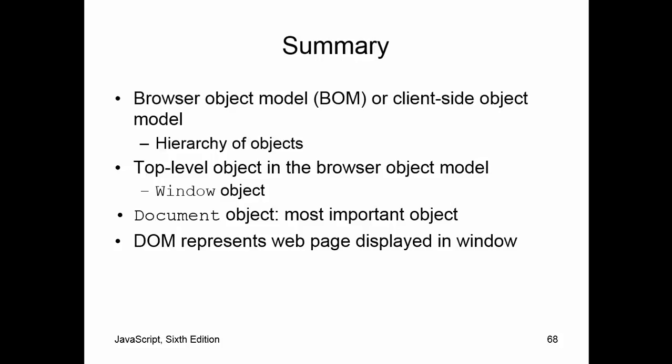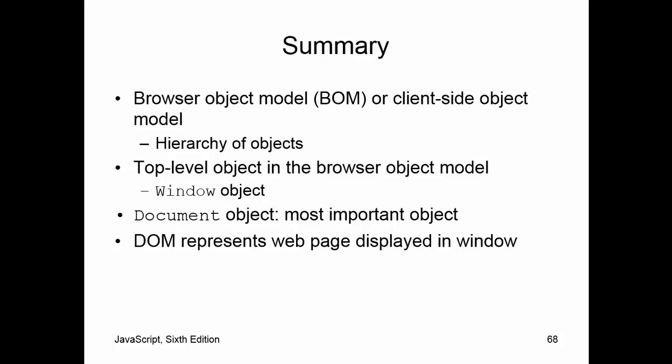So to summarize what we've talked about in this chapter: we started with the BOM, the browser object model, and we went to the DOM, and virtually the entire chapter, other than a little bit at the beginning, was on the DOM. Remember, the DOM, the document object model, represents the web page. Every time you create a web page, behind the scenes, invisible to you, a document object model gets created.